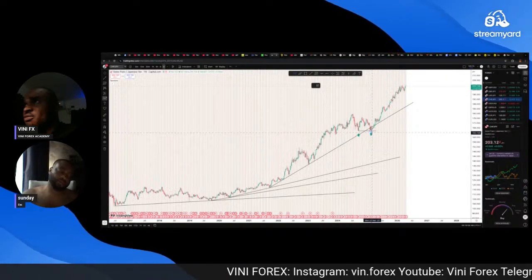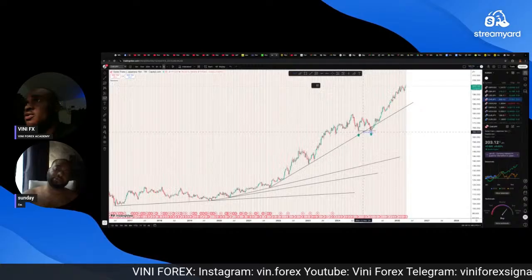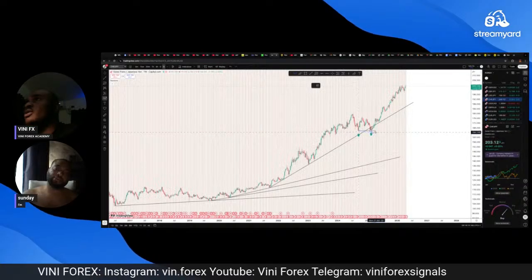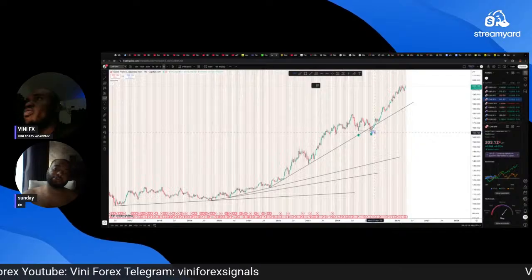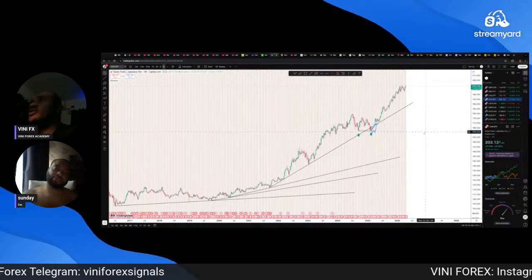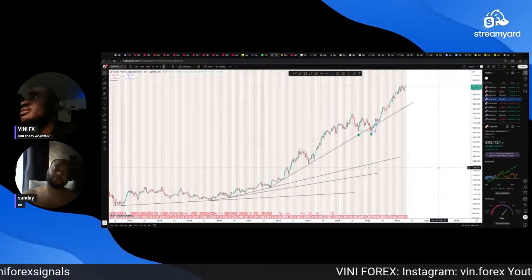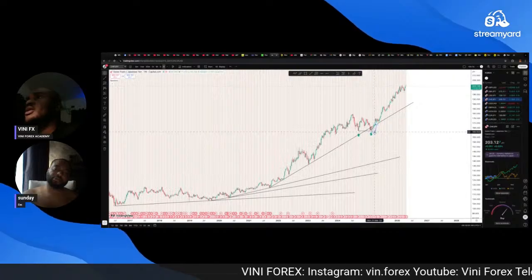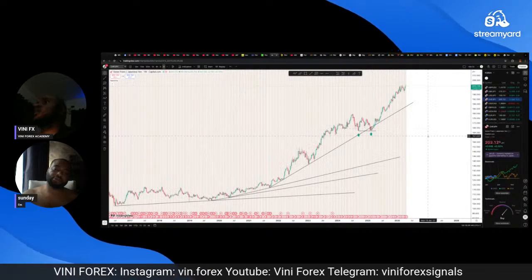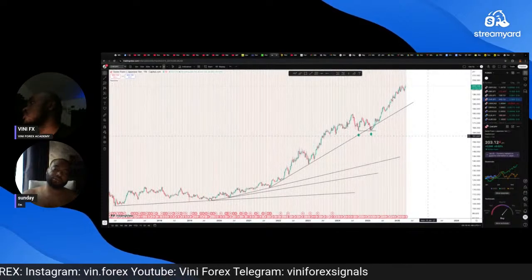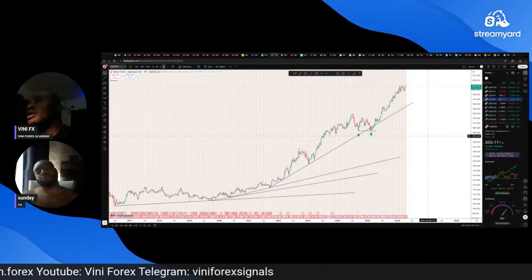It comes down below this recent higher low, and then it will still go back up again. When this happens, it is known as manipulation because the market manipulated every trader who understands market structure.